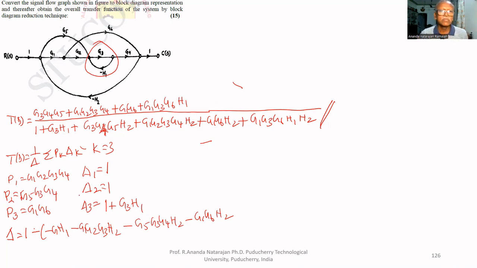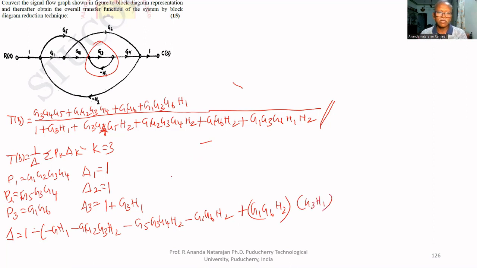Non-touching loops: G1 G6 H2 is not touching G3 H1.